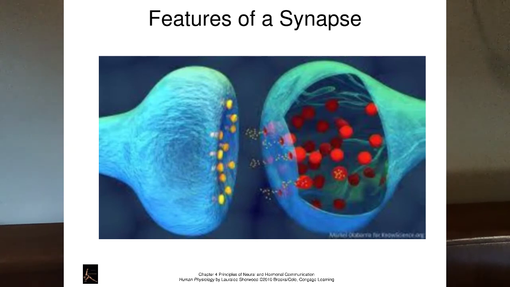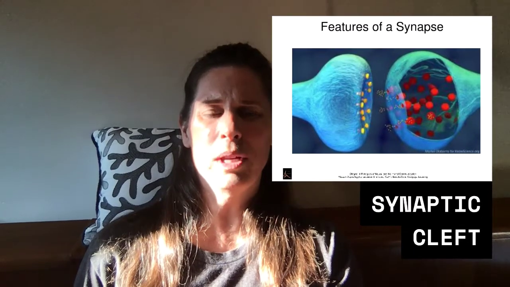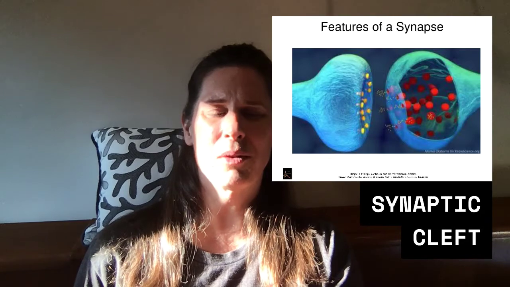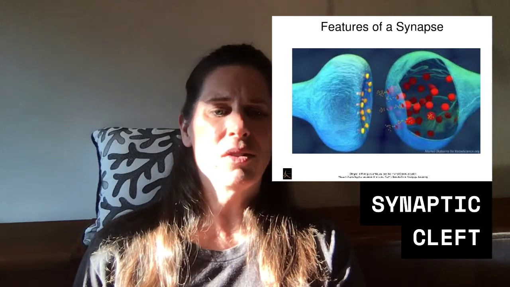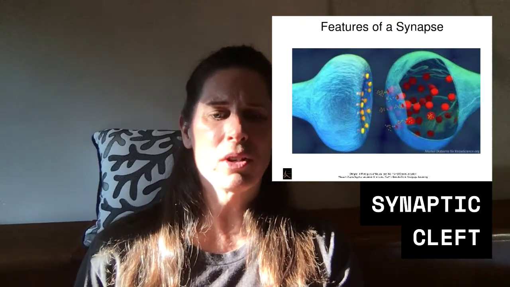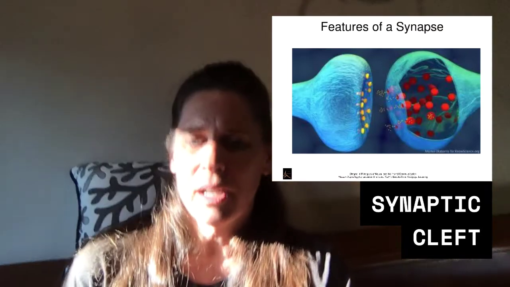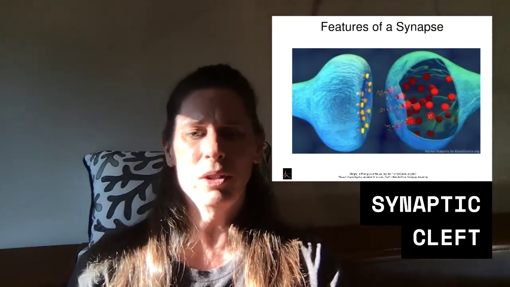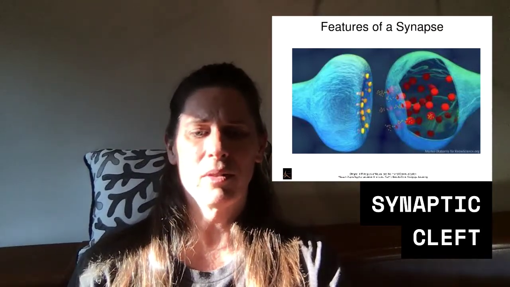And you already learned what happens when sodium enters a cell. You get depolarization. So it's really important to remember the neurotransmitter does not enter the postsynaptic cell. It only binds to the receptor on the outside. And we'll look in just a second at how that happens.